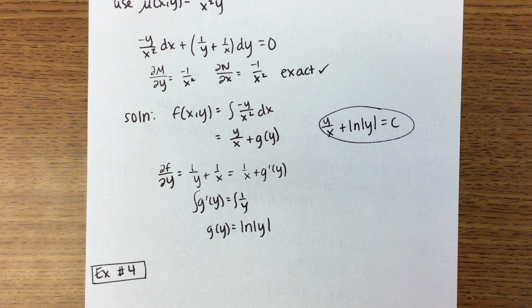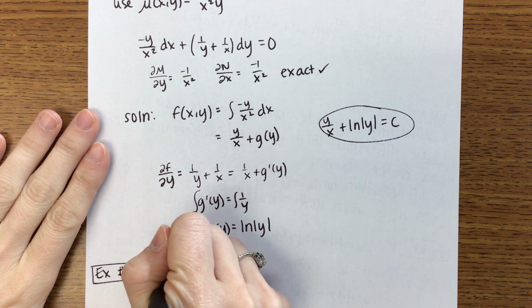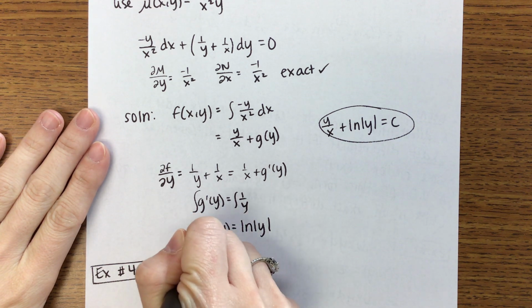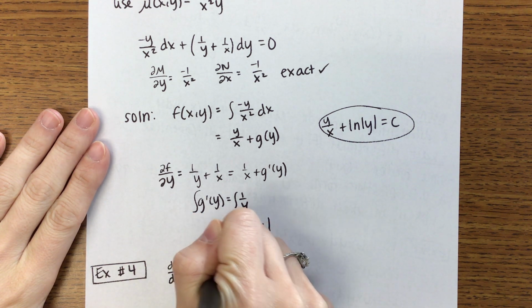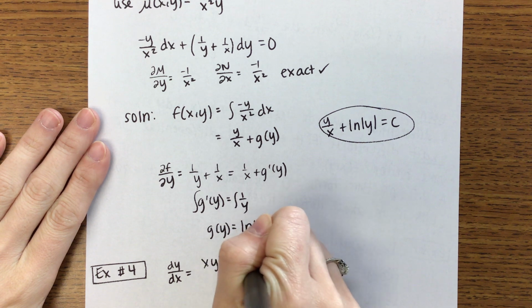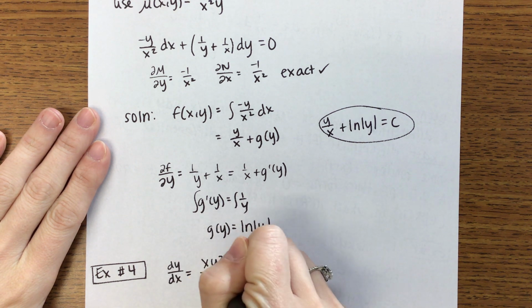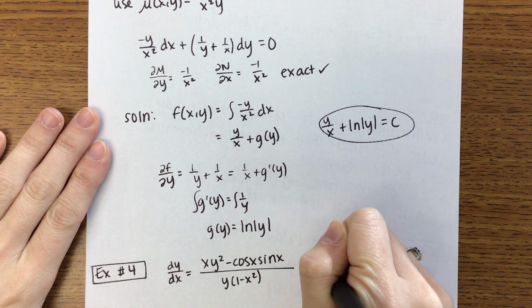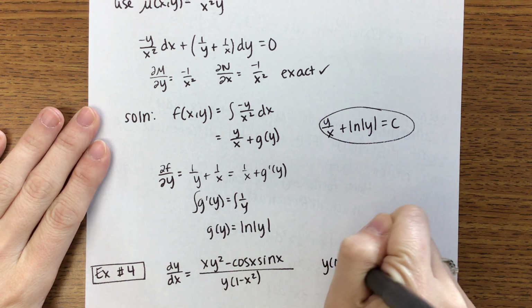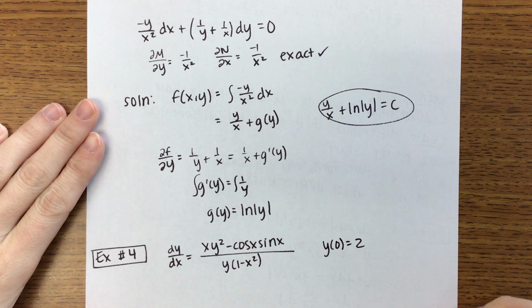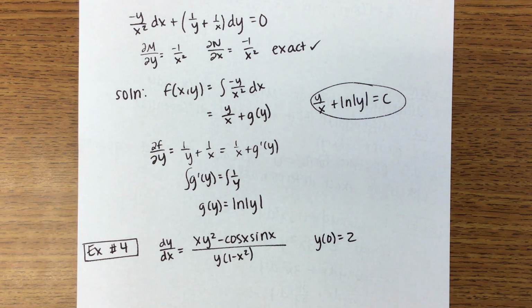And you would say, yes, it works, or no, it doesn't. But you do not have to find it on your own. Okay, here's the one that I would like you all to do. Good luck.